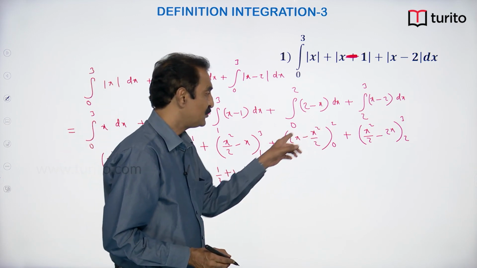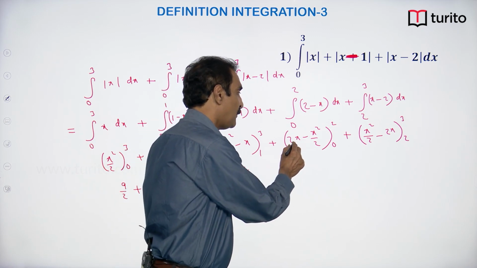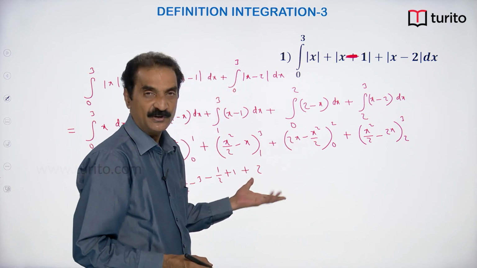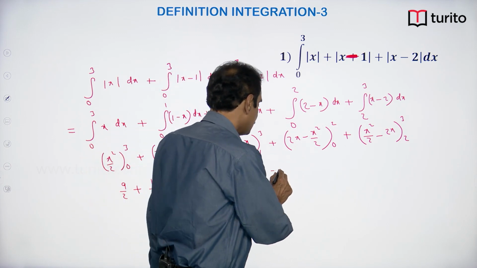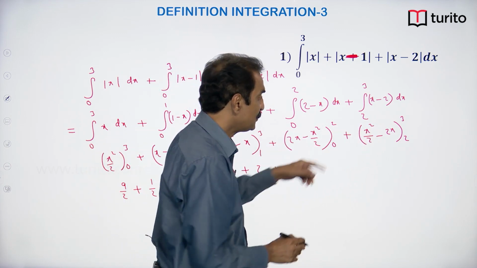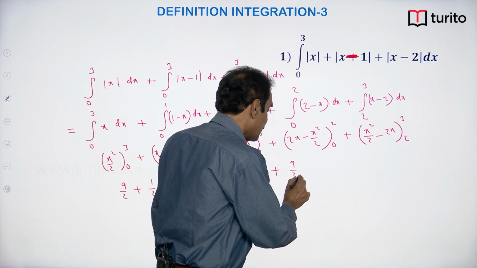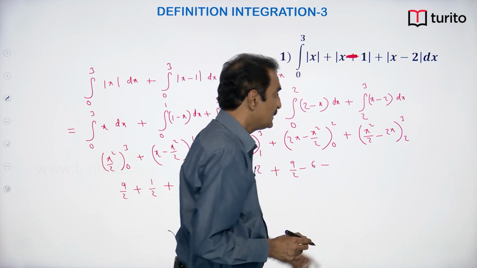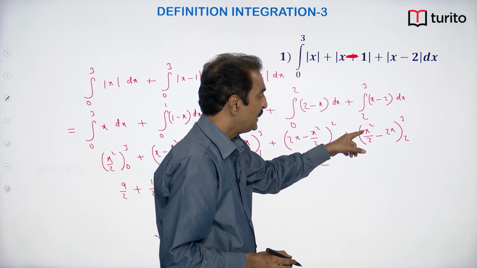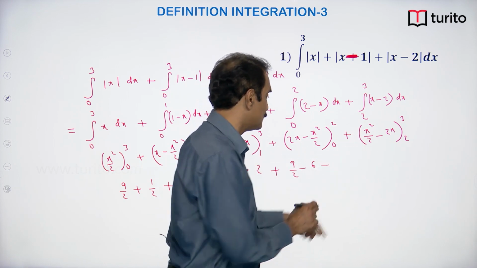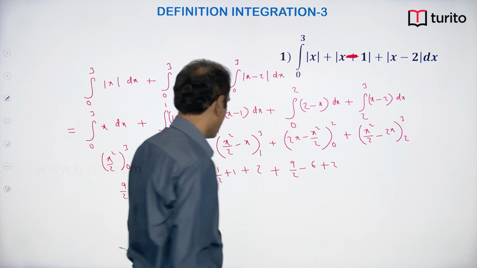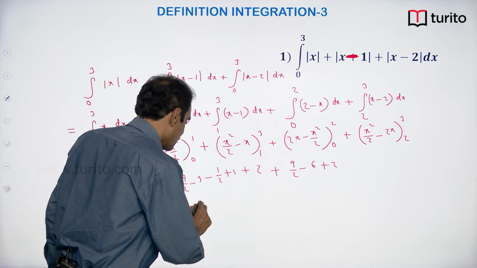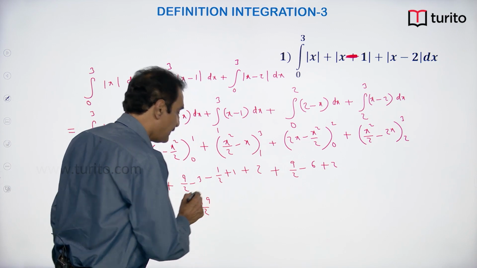Plus substituting 2 here, 4 minus 2, it is 2. Substituting lower limit 0, it is 0. Next, substituting 3, you will get 9 by 2 minus 6, minus substituting 2, it will be 2 minus 4, minus 2, so it becomes plus 2. Now if you simplify it, you will get the answer 19 by 2.